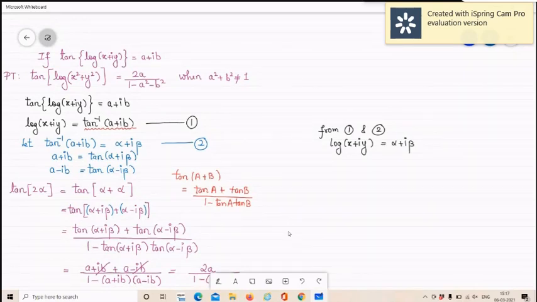After that we considered tan of a plus ib is alpha plus I beta. So from 1 and 2, what I am going to write? I am going to write log of x plus iy is alpha plus I beta. Understood?